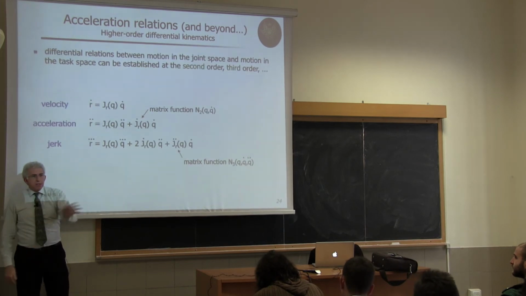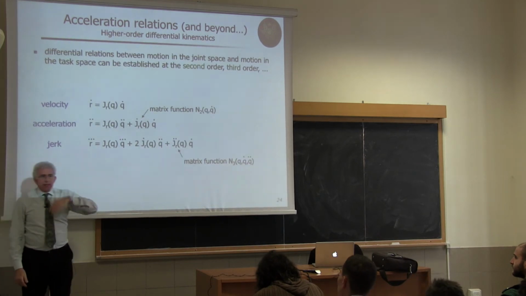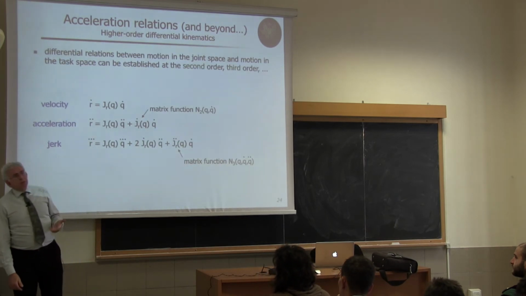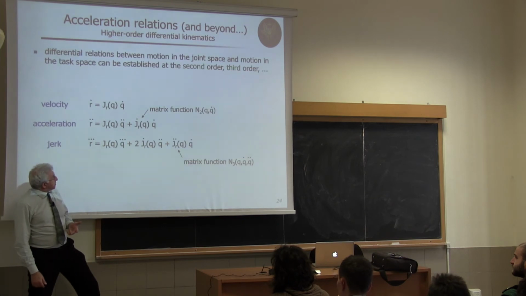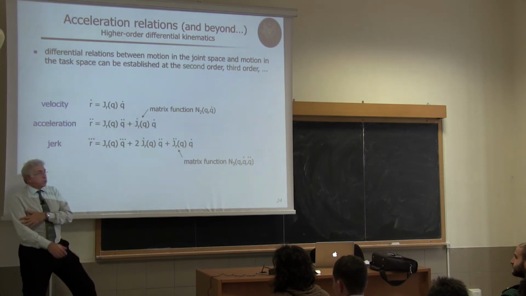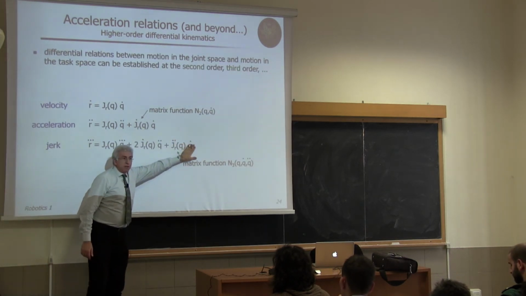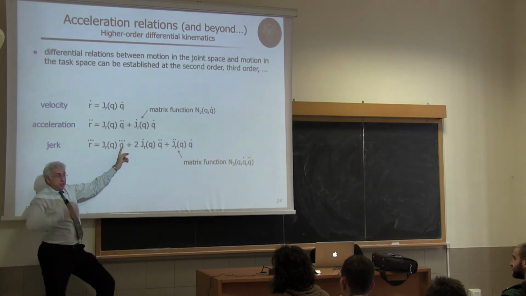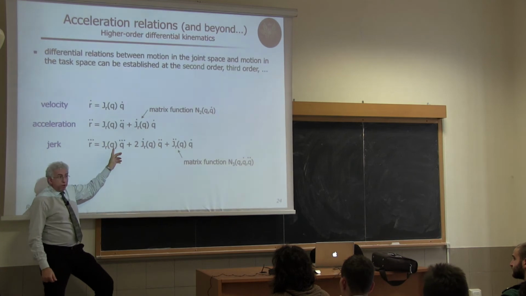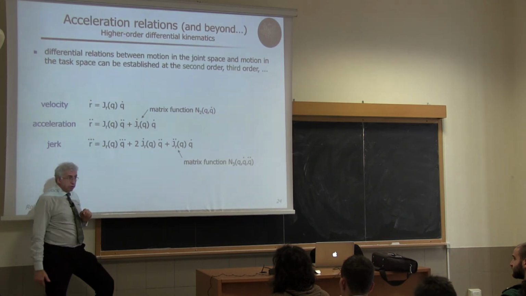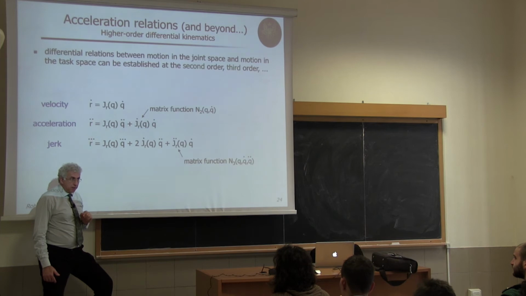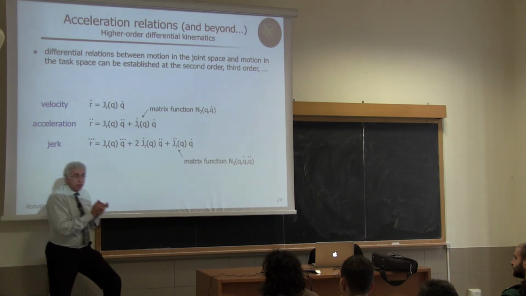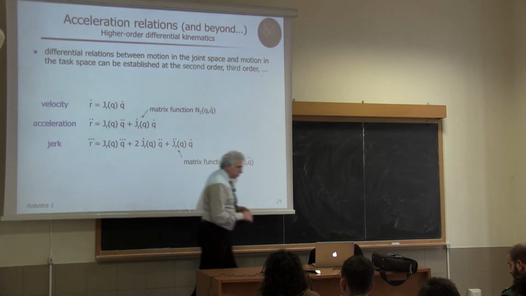Of course, if I'm starting from rest, in the sense that velocity is 0, acceleration is 0 in the joint space, so all these terms are gone. I apply now a jerk in the joint space, and I need to know only the configuration from where I start to compute the jerk at the Cartesian level. So you see that things get involved, but this is the nature of the differential kinematics.